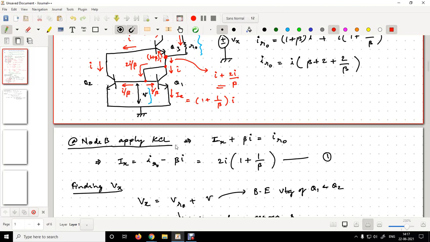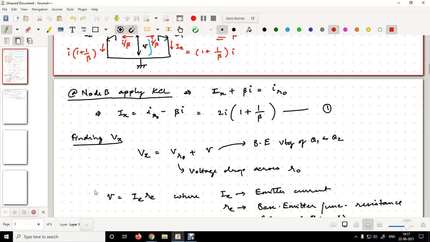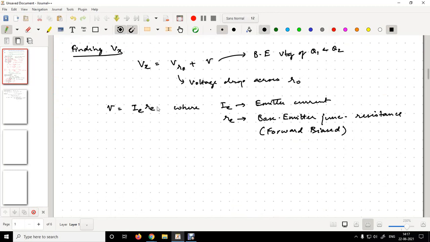So this also will be 1 plus 1 by beta into I. Therefore V is equal to 1 plus 1 by beta into I into RE. So V I have found out.